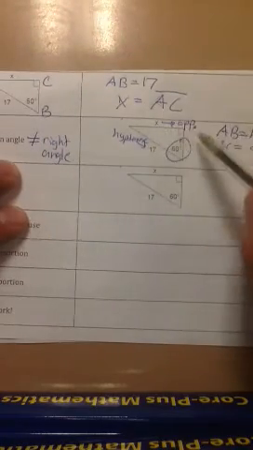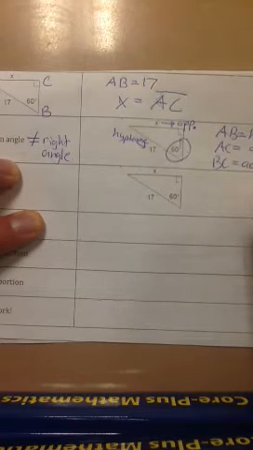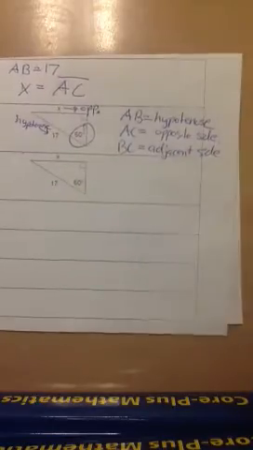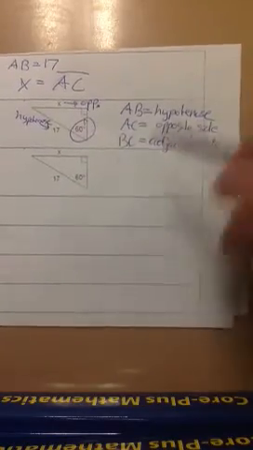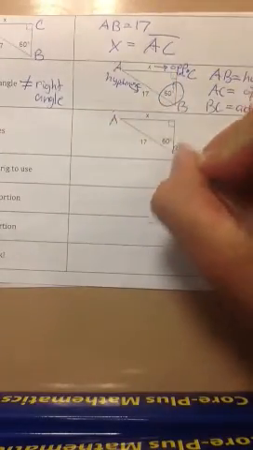And then whatever's left over, meaning BC, must be my adjacent side. Okay. We have hypotenuse, opposite, adjacent. Give you a reminder of where those vertices are for this triangle. That's A, B, and C. Okay. Now, adjacent, hypotenuse, opposite.